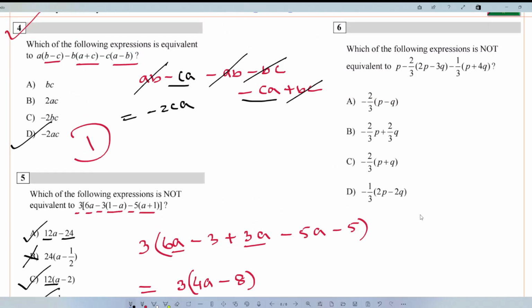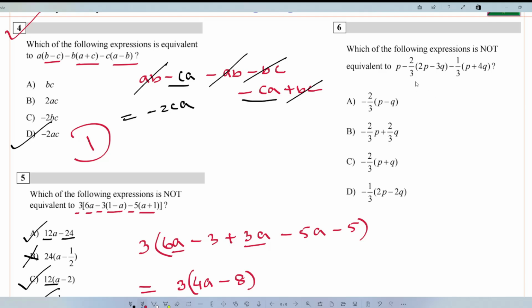Now number 6, which of the following expressions is not equivalent to p minus 2 by 3 times 2p minus 3q minus 1 by 3 times p plus 4q? This one is also a similar thing. First we have to expand this one.